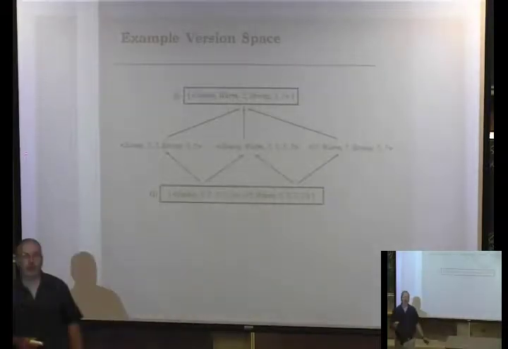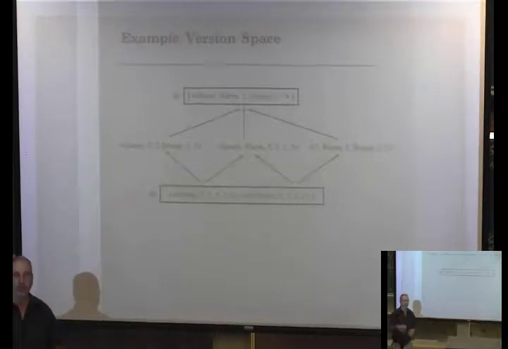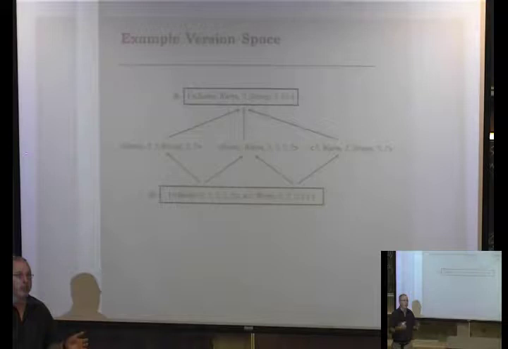So, if we can keep track of the entire version space by only keeping track of the most specific front and the most general front, then we're effectively manipulating the entire version space without having to list it, without having to go over every hypothesis specifically.